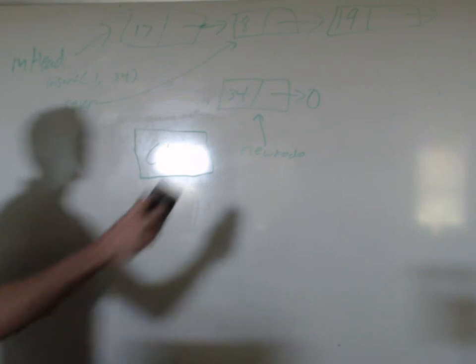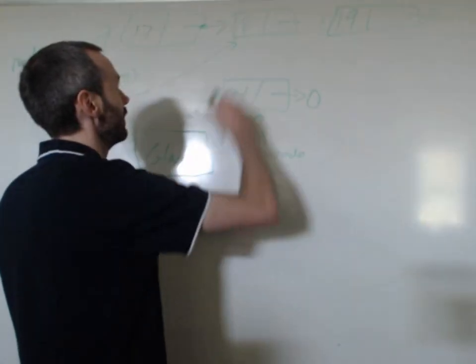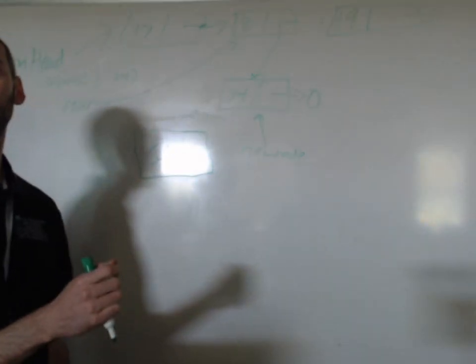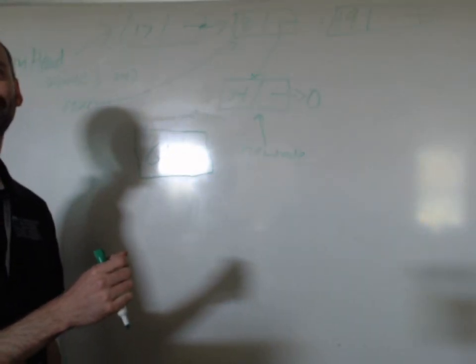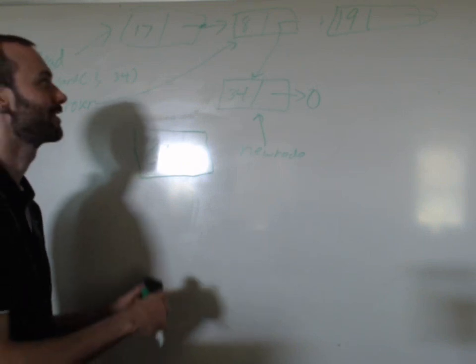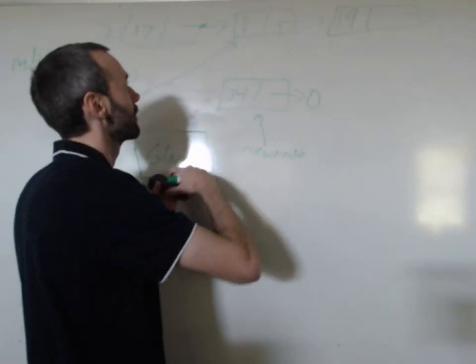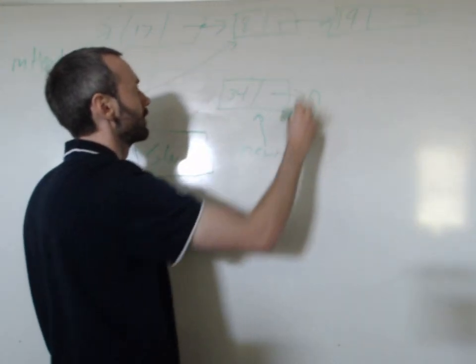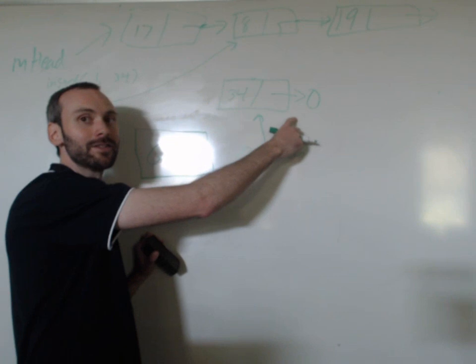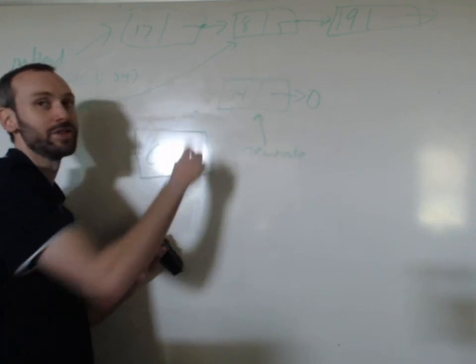So that's going to take this link right here and have it go right there. Oh, is that what we wanted to do? No, what did we want to do first? We want that to go where? To the 8.